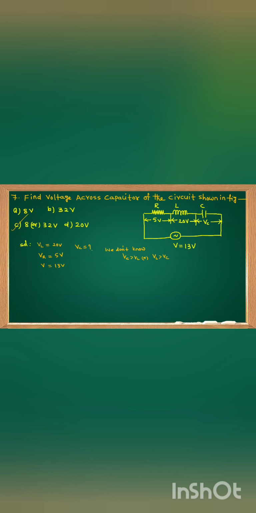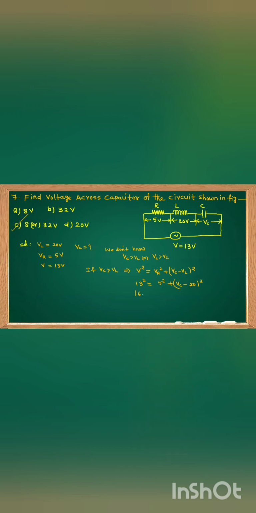8 or 32 volts. You can see, for example, if you assume VC is greater than VL, then V square equals VR square plus VC minus VL whole square. This is 13 square equals 5 square plus VC minus 20 whole square.